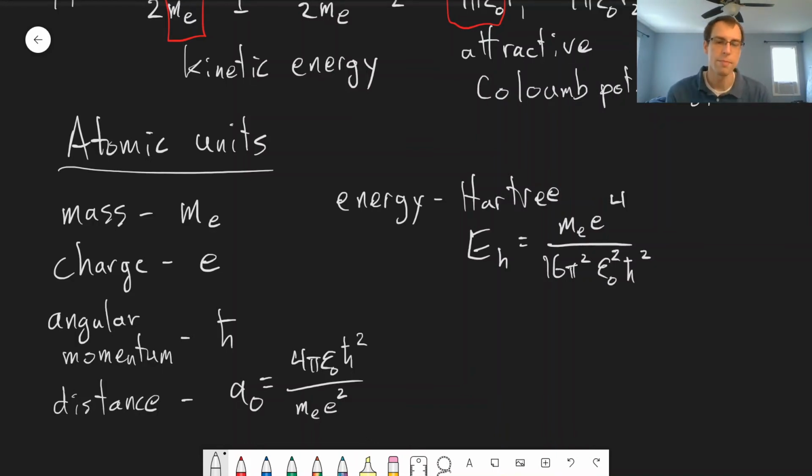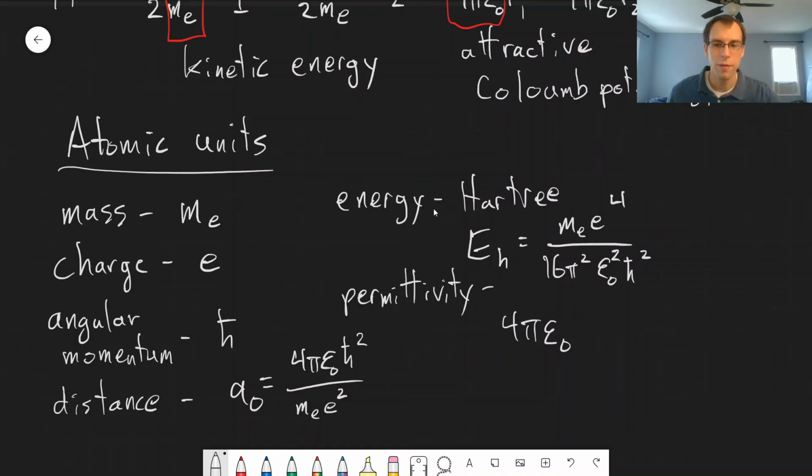And this is based roughly on the energies of the hydrogen atom. And then the atomic unit of permittivity, this epsilon naught that keeps showing up, is 4 pi epsilon naught. So in essence, what we do is set all these units equal to 1 in atomic units.